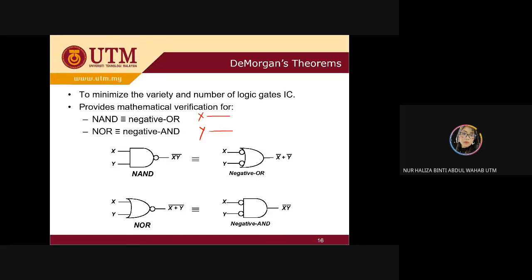Okay, you can see you have the input of X and Y. Let's fit with this circuit and this circuit. X and Y. First, you go to your NOR gate.